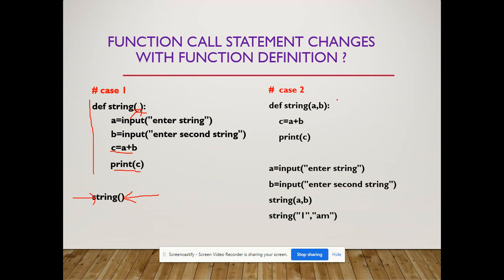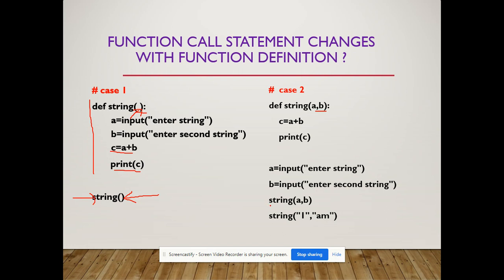Whereas in the second case, case 2, there is an add function, right? Are arguments there? Yes. There are two arguments a and b, and is it returning any value? No, it is adding those two values and printing the result, right? So if this is a function definition with arguments, then how to call that function?